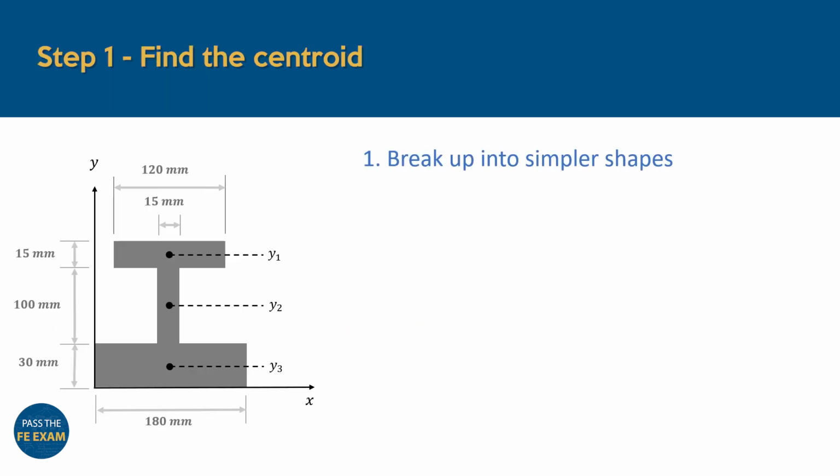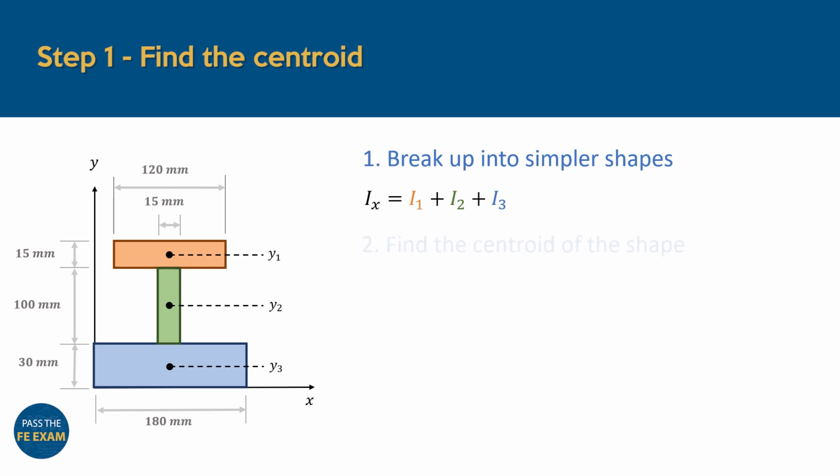First, we need to recognize that this seemingly complex shape can be split up into 3 smaller rectangles. In other words, if we can manage to calculate the moment of inertia for each individual shape about the centroidal x-axis, and we sum these values together, we'll have the total inertia of the shape.